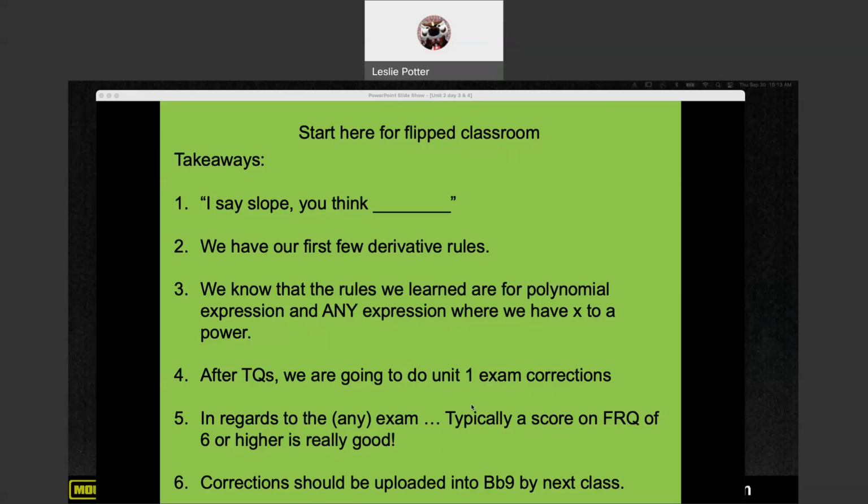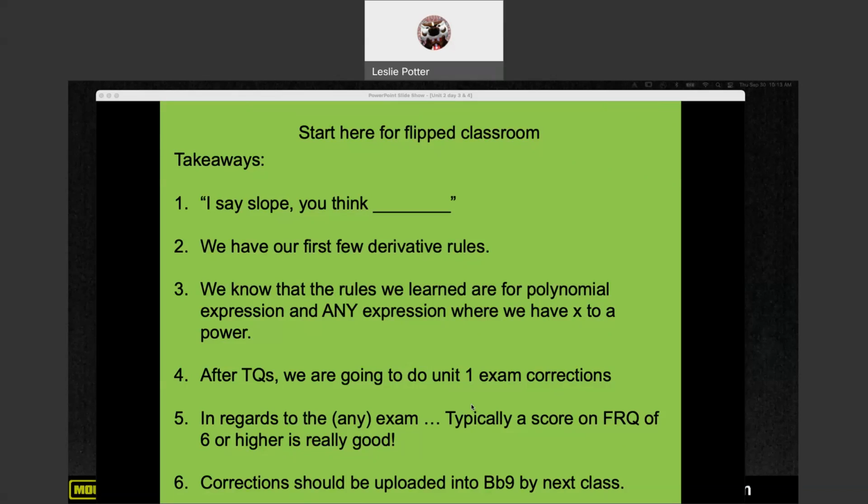You have this form for doing the corrections, and let's say this was no calculator. Let's say in the no calculator portion, I got questions 2 and 4 correct. So you just put an X in those boxes because you don't have to correct something that's correct. Makes sense? And then I would expect to see in 1 and 3 and 5 a worked out correct solution or a rationale. I picked this and now I know it's wrong because I really had to do this limit thing or something like that. And then same for the free response would be on the back side of that.